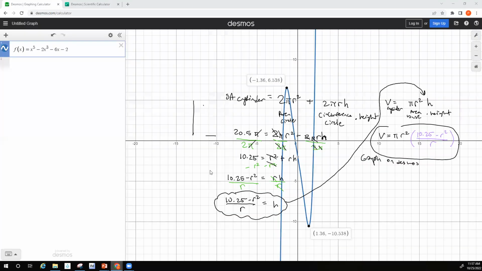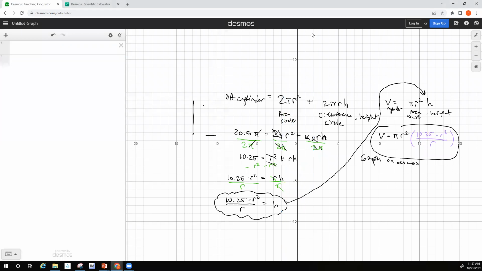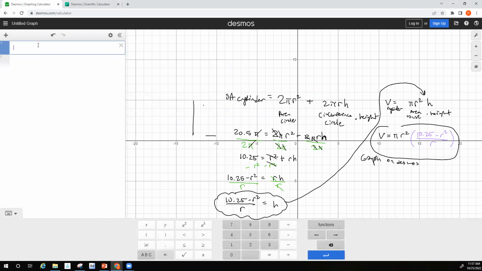Here we go, Desmos. Exit that. And I'm going to put V. Can I put V? I'm not sure. V equals pi r squared, and then parentheses.